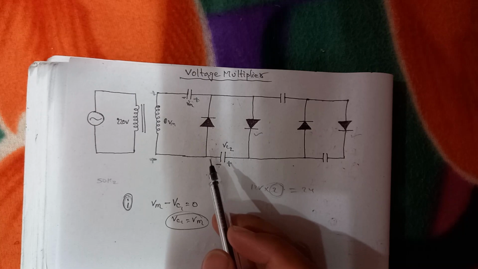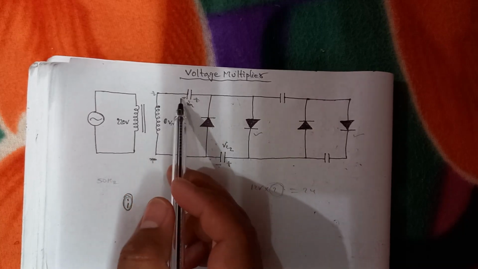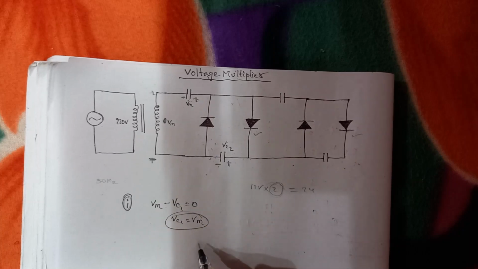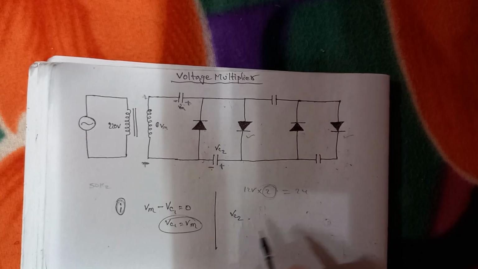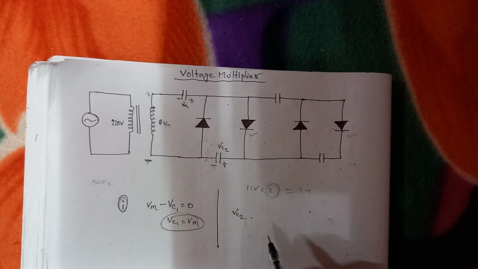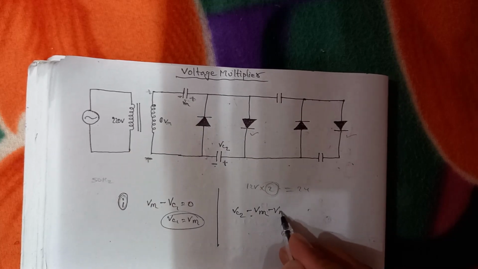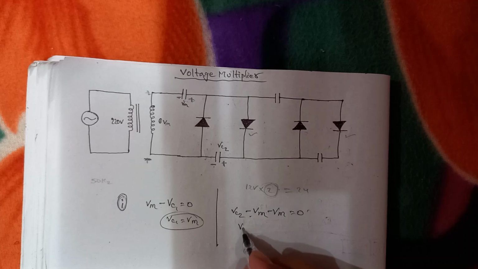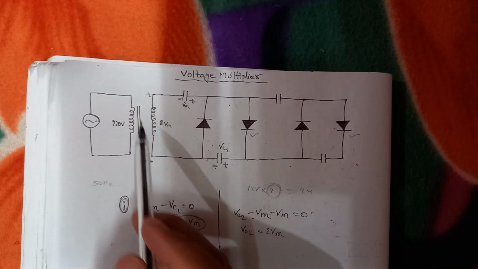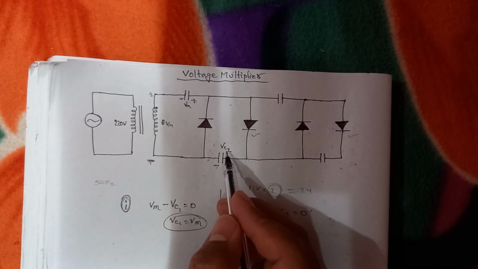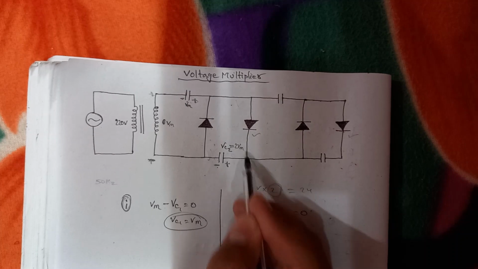So plus minus and minus plus minus plus, that means Vc2 minus Vm and again minus Vm is equal to 0. That means Vc2 will be equal to 2Vm. Whatever voltage is dropped over here, 2 times that voltage will be dropped in this capacitor. Vc2 is equal to 2Vm.